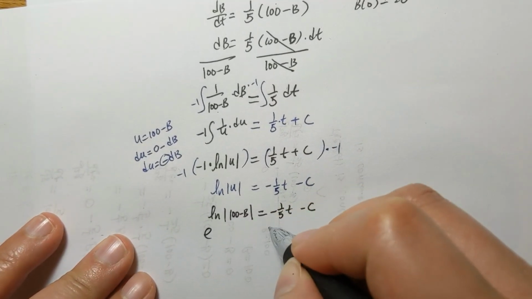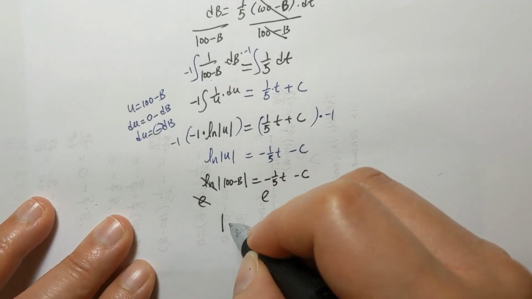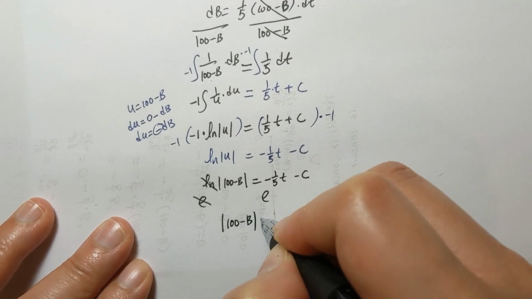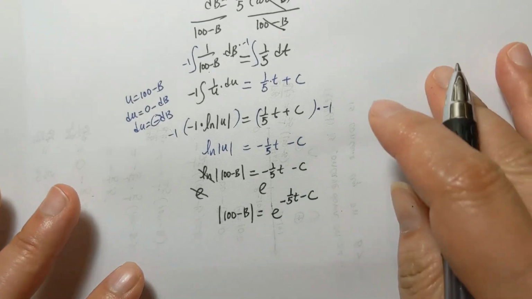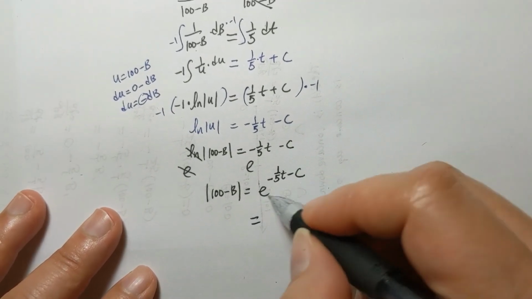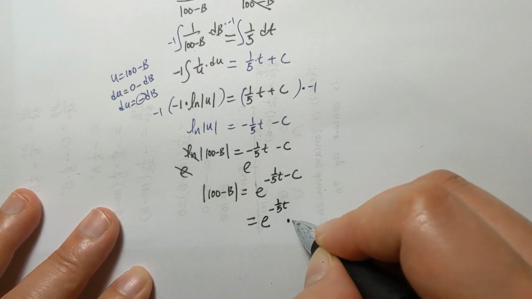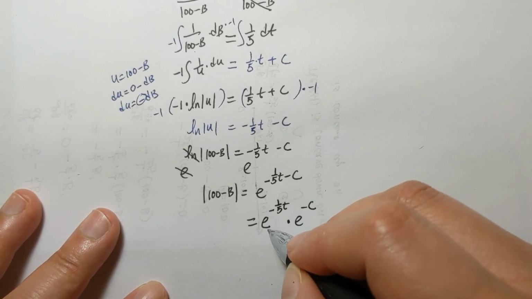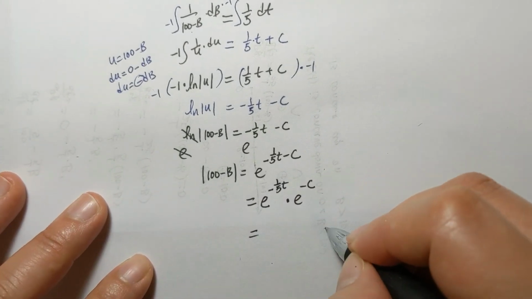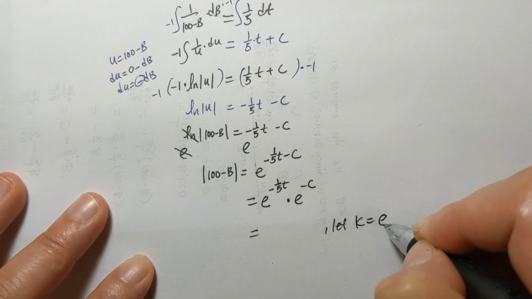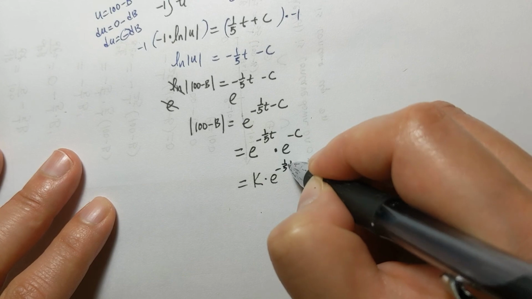Then we're going to use e, which just cancels, so we get the absolute value of 100 minus B. Now we're going to focus on the right side. You get e to the negative 1/5 t times e to the negative c, because same base, you add the exponents, and you go back to this. Then we let k equal to e to the negative c, so we get k times e to the negative 1/5 t.